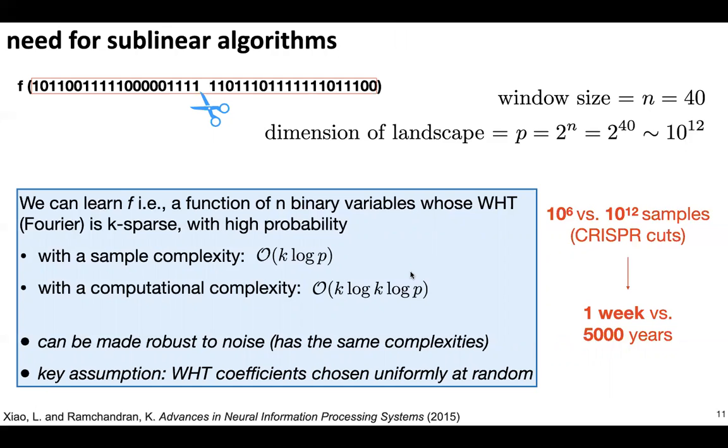So using these algorithms, we can cut the number of samples required to construct the DNA repair landscape from 10 to the power 12 to millions, which means that the time to collect the samples reduces from 5,000 years to only a week. So it's a significant reduction in the number of queries you need in order to reconstruct the whole landscape.